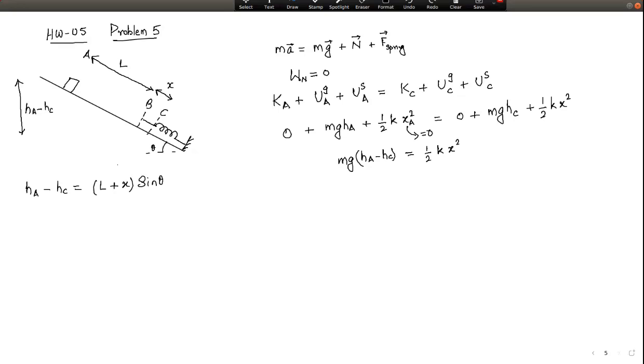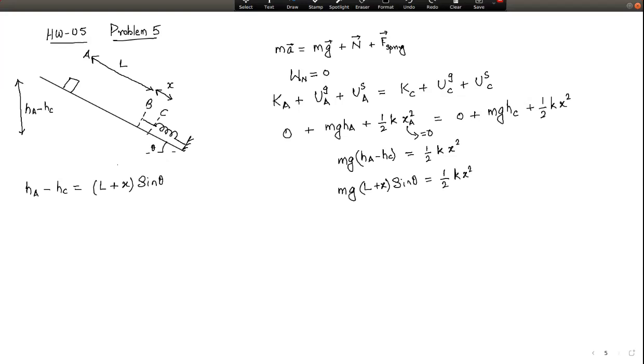At this point, we use the geometry that we pointed out right in the beginning, that the difference in the vertical heights h_A minus h_C is related to the length along the incline by sine of the angle. So that leaves us mg (L plus x) sine theta is equal to half k x squared.